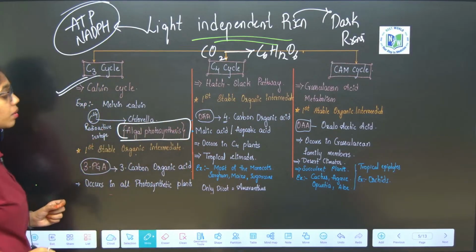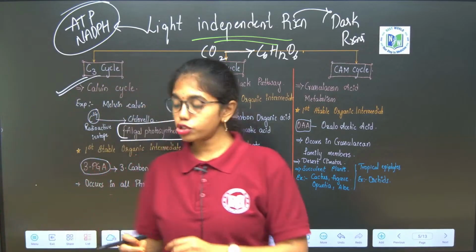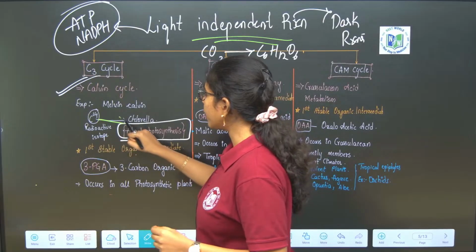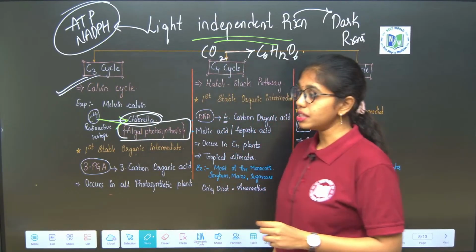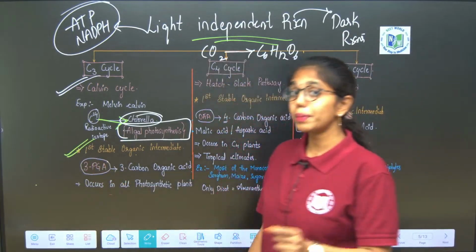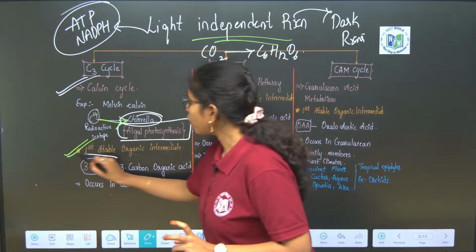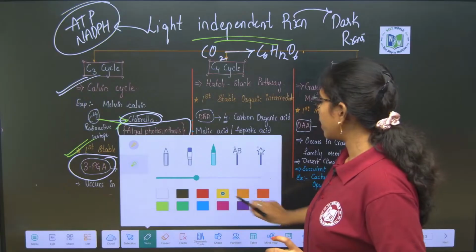He took a carbon isotope C14 and worked on Chlorella and conducted oxygenic photosynthesis, whereby he said that the first stable organic intermediate formed is 3-phosphoglyceric acid. The first stable organic intermediate formed is what, ma?